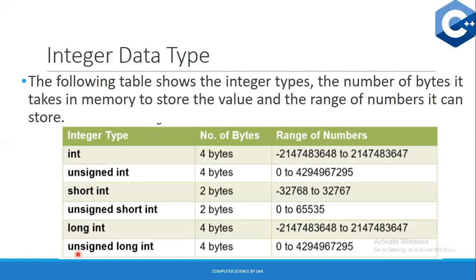We have to show this minus sign. So unsigned means only positive values are allowed. From an objective point of view, it is an important table. You should know which data type can store how many bytes in memory.